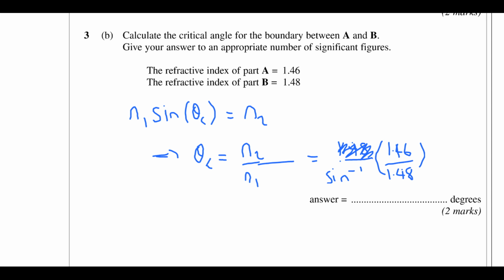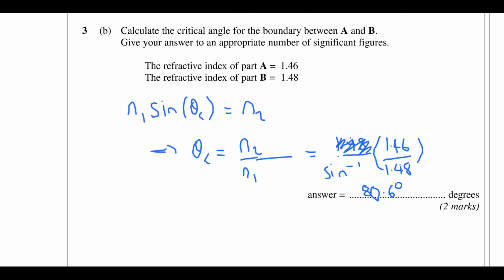And if we do that, we end up with a value of 80.6 degrees, giving it to 3SF because the data is all 3 significant figures. All right, so that finishes that question there.